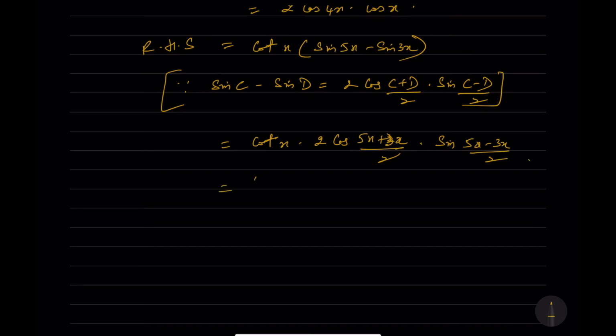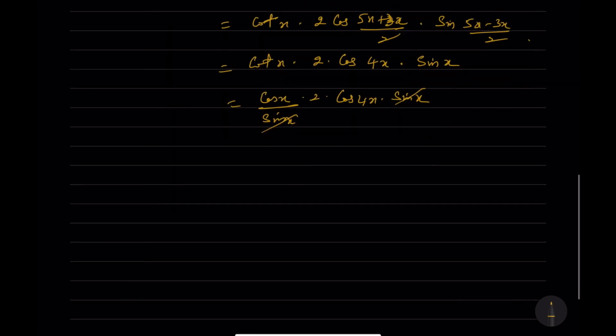So which is equal to cot x into 2 into cos 8x by 2, which is nothing but 4x, into sine 2x by 2, which is sine x. So this can be written as cos x by sine x into 2 into cos 4x into sine x. So sine x and sine x get cancelled, so you're going to get 2 into cos 4x into cos x.